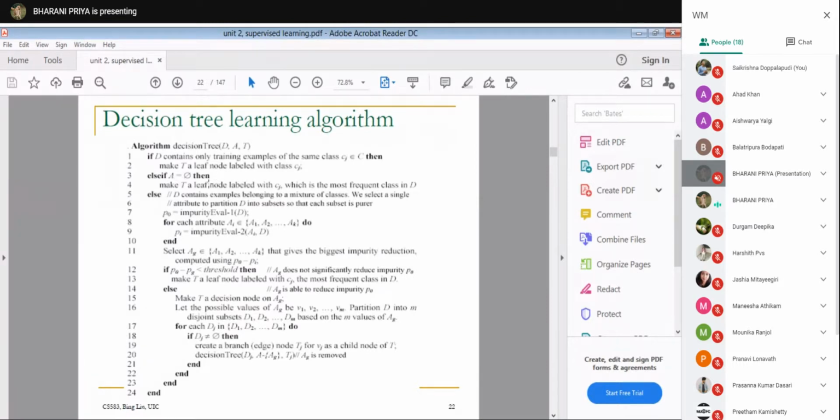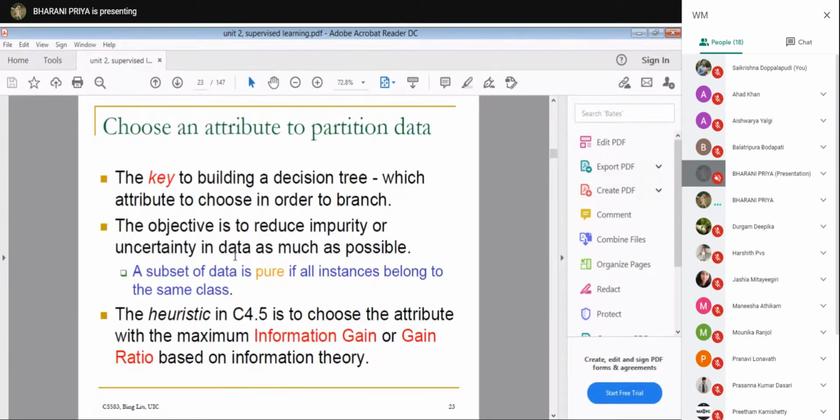Else, if there are no attributes, then also make T a leaf node. If the data contains a mixture of classes, then you select each attribute and calculate the impurity evaluation for selecting the attributes.